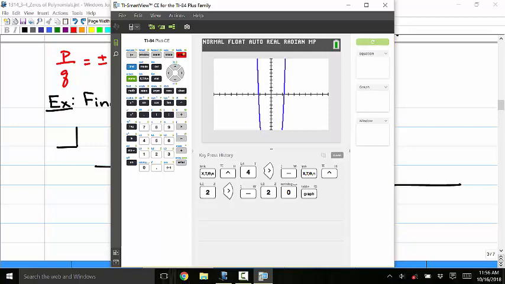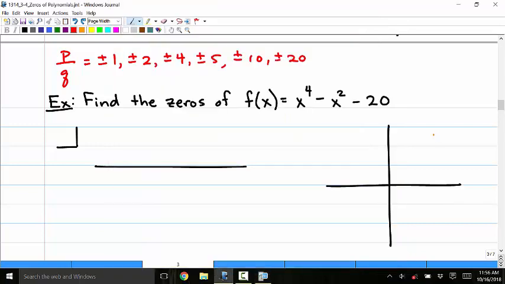When I graph it, it looks something like this. Are those x-intercepts going to be rational or irrational numbers? They're going to be irrational numbers. Well, how in the world do we find them?